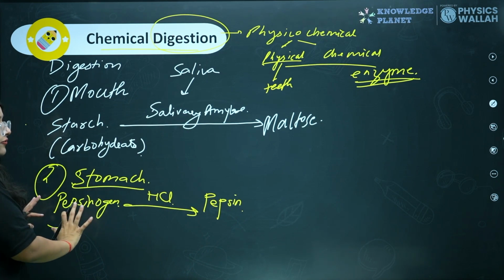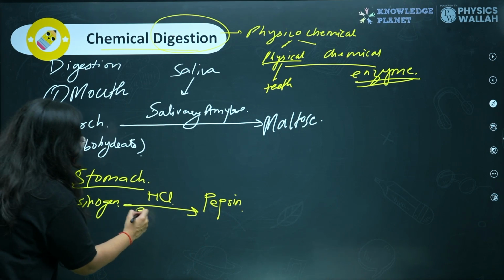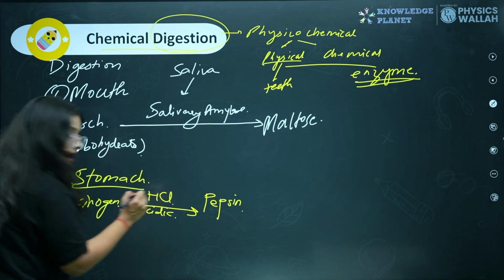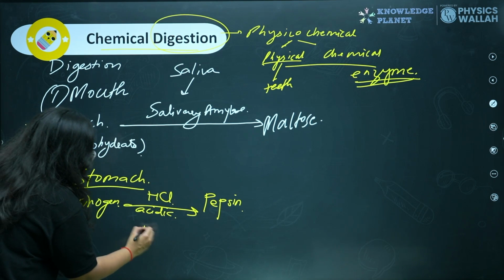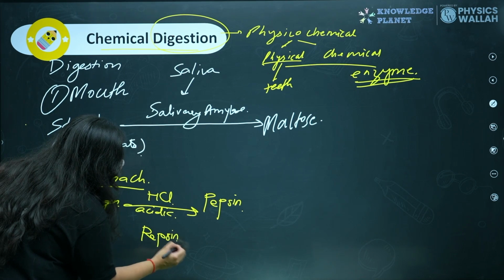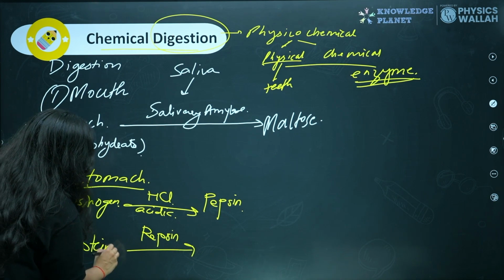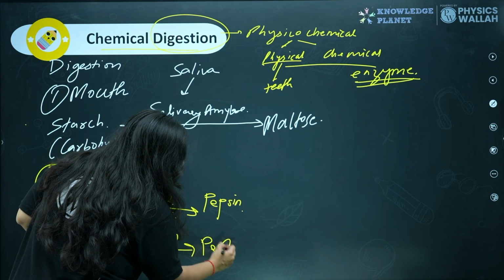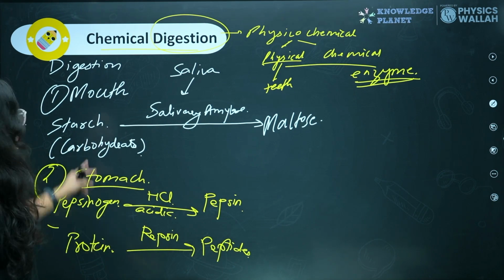Pepsinogen is the inactive form, pepsin is the active form. This pepsinogen requires an acidic environment which is given by the HCl. Okay, now you can see that this pepsin enzyme will digest protein into peptides. This is again chemical digestion taking place in the stomach.